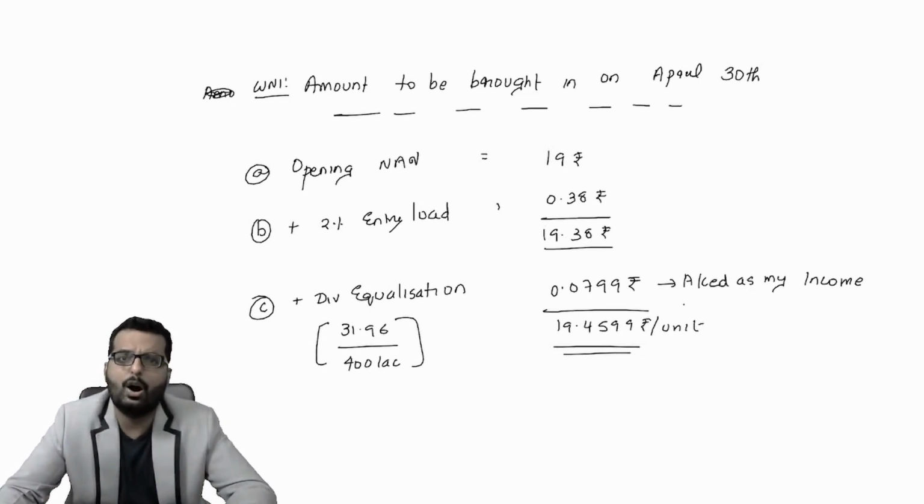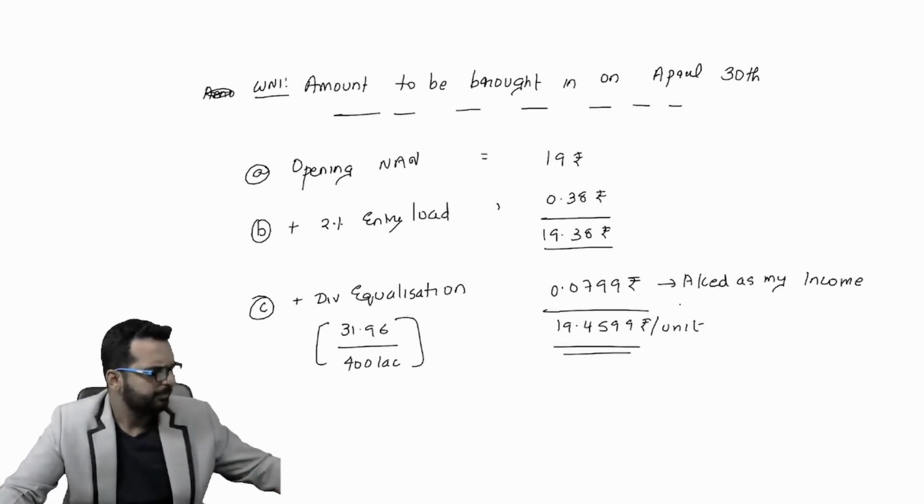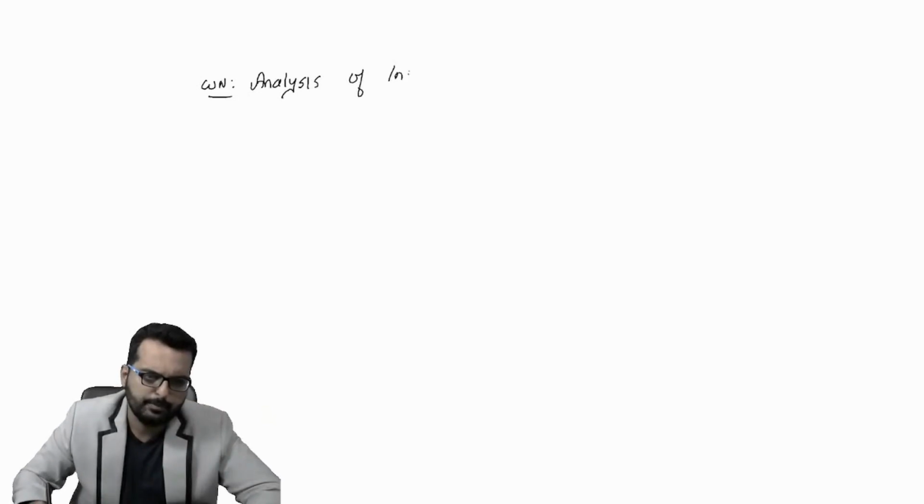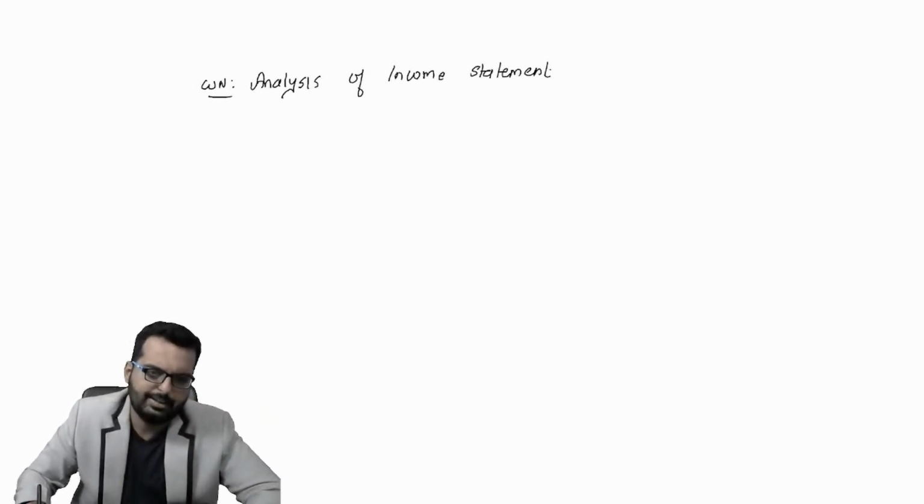I'll just show you how your income statement will work now so that you get better clarity on the entire thing. First, I believe everybody is done writing this. Okay. So I'll write down the next working note: analysis of income statement.